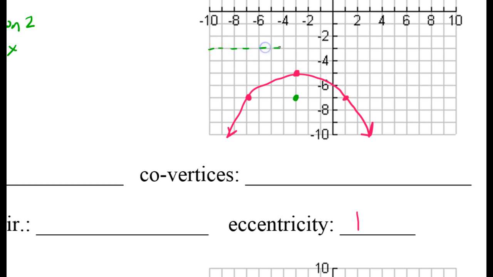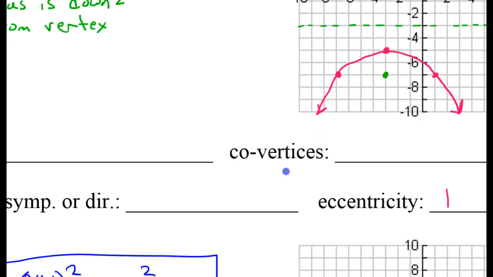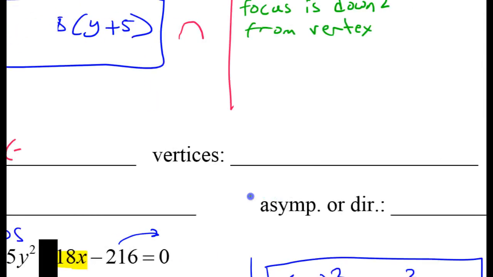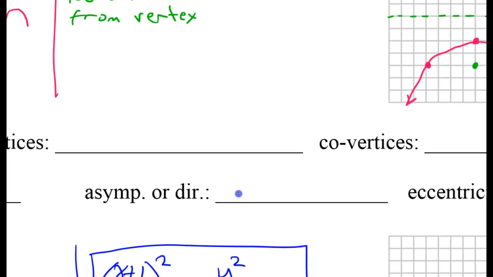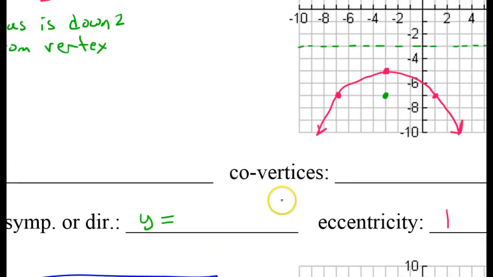So it will be this line right here. This is the directrix. Alright, now horizontal line is always going to have the equation y equals something. Okay, so it's always going to be y equals, and because it is at -3, then we will say y equals -3.